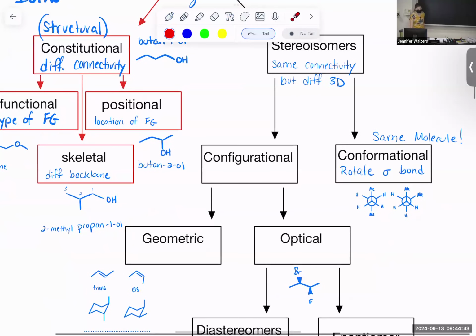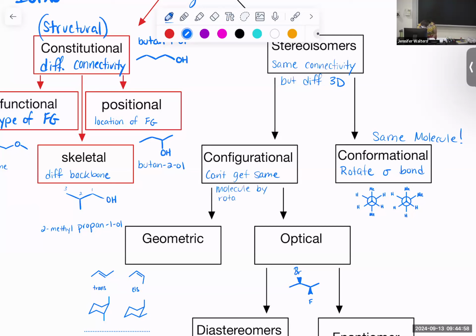Configurational is where you can't rotate the bond and get the same molecule back. So you can't get the same molecule just by rotating a bond.